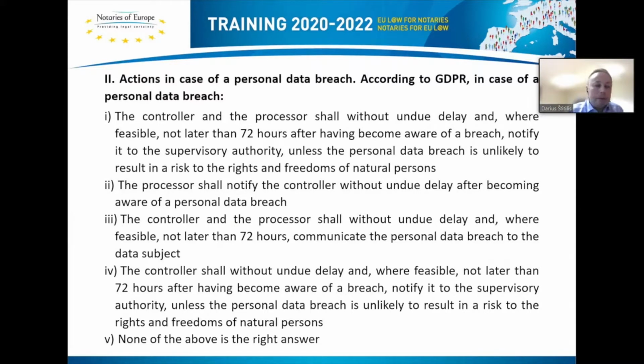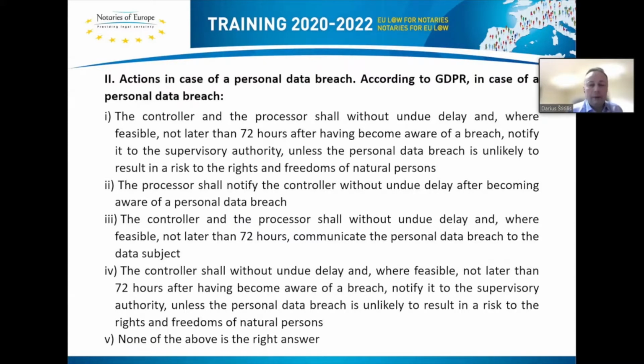So in case of a personal data breach, the controller and the processor have separate roles. The controller is responsible for notifying data subjects and/or the supervisory authority. And the processor must inform the controller about the breach, only inform the controller about the breach.